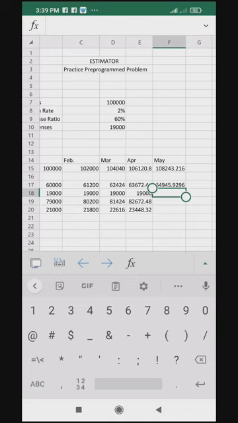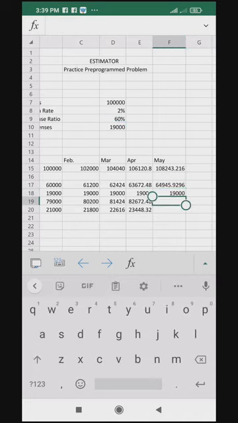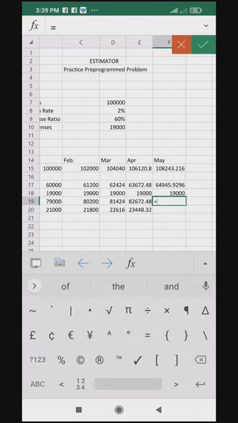The general expenses is equal to D10, 19,000.